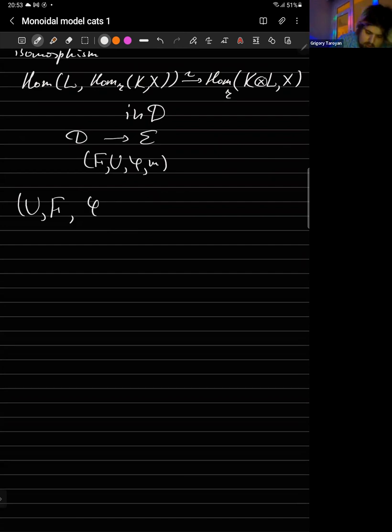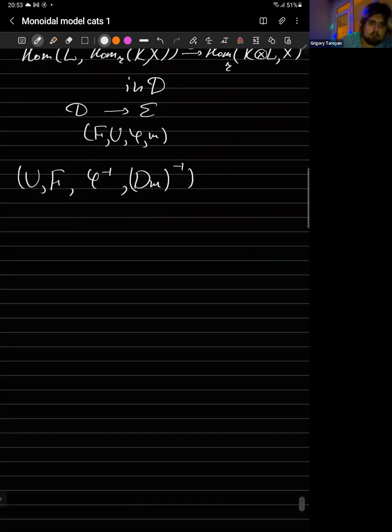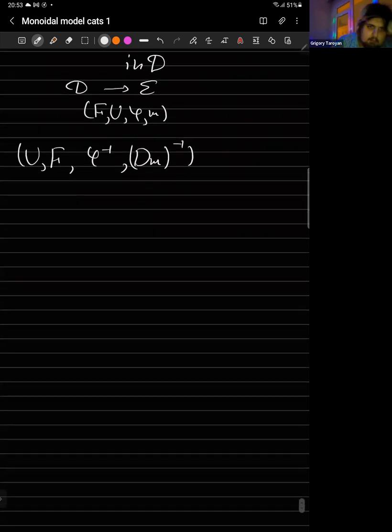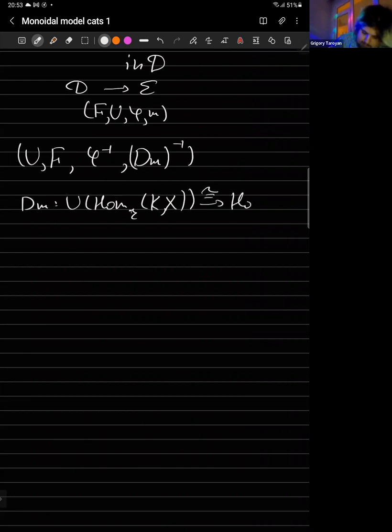So we interchange the functors, we take the inverse natural transformation, and we take this d_m to the power of -1, where d_m is a natural isomorphism from U of k x to R of k u x.